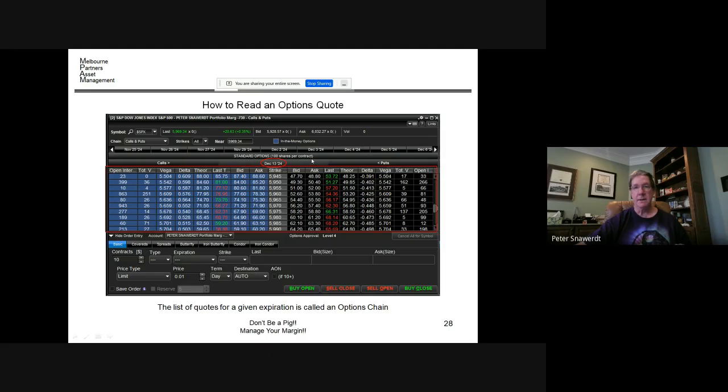Note above this, I don't know if I have this highlighted anywhere, but it tells me how many shares per contract there were. That information should be available to you too. Available strike prices: if I was in this screen, I could scroll this up or down from what's here. This is just what's showing on the screen right here.